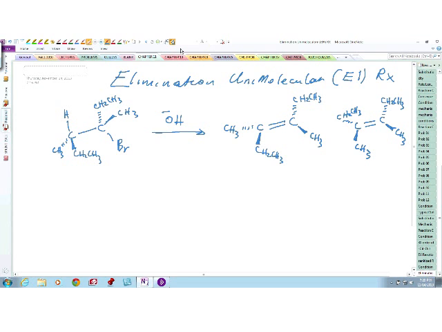So how does that happen? In the case of the E1 reaction, let's write the mechanism.